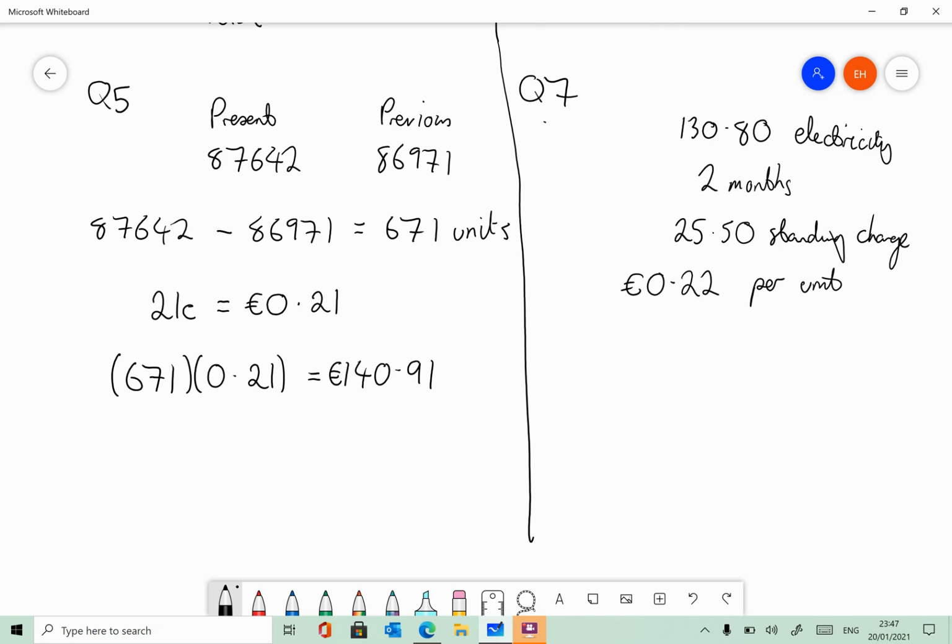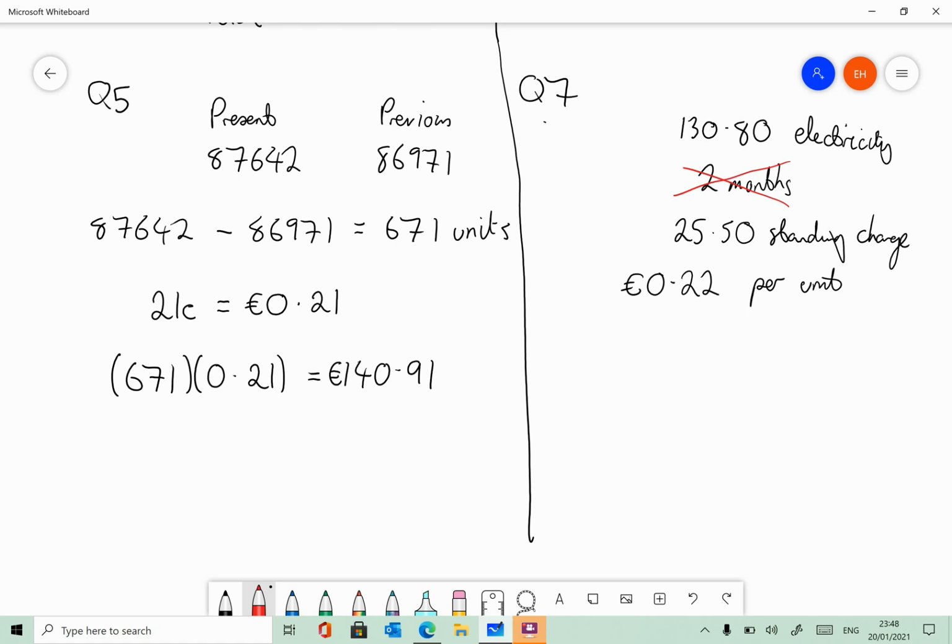I don't need the 2 months. That's extraneous information. They just threw that in to confuse me, because we're talking per bill. So in each bill, it's not per month or anything like that. We don't need to know how long a bill lasts. It's just there. Okay. They gave us more information than we need.